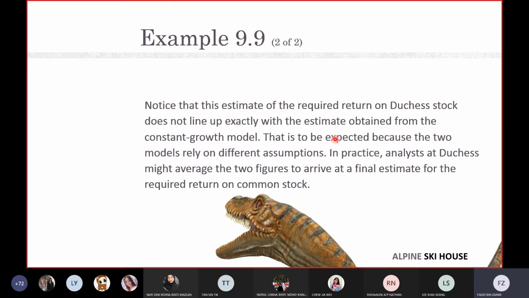Which one is better to use, the CAPM or the Gordon or constant growth model, depends on you as an analyst. If you are more comfortable with the CAPM, then you can use the CAPM, depending on how reliable these models have shown themselves previously. But if you are 50-50, you can just take those two numbers and average them out, as suggested here.